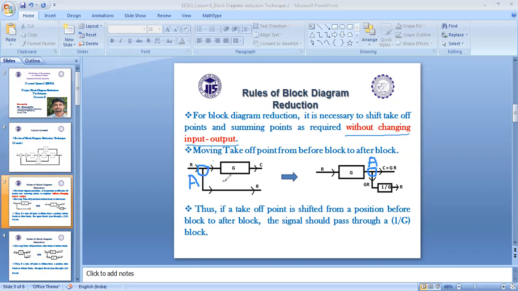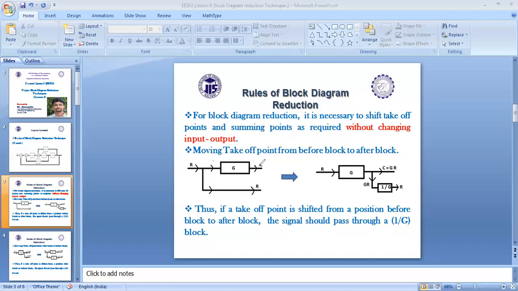See what's the difference between these two? In the first case, the takeoff point is placed before the block. In the second case, the takeoff point is placed after the block. So here we have shifted the takeoff point from before the block to after the block. To make this shifting, what we need to keep in mind is that we should not alter input and output.